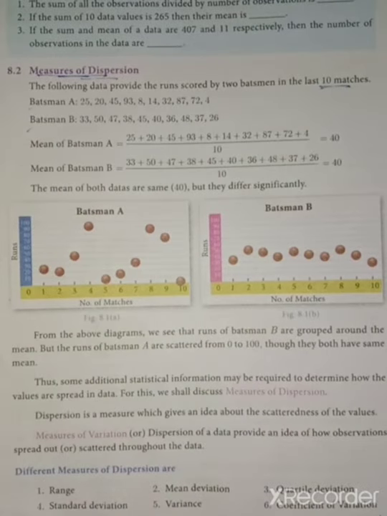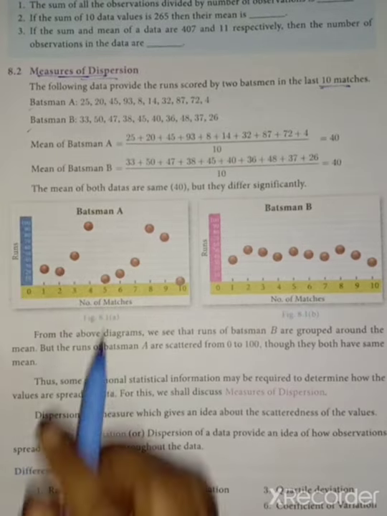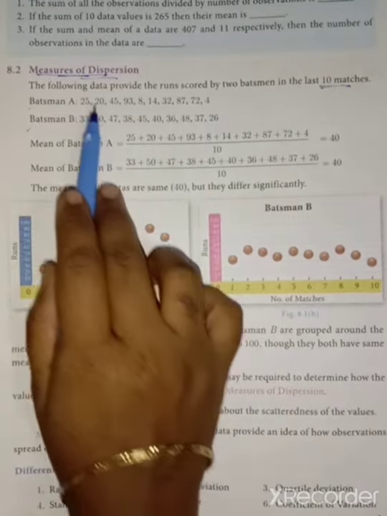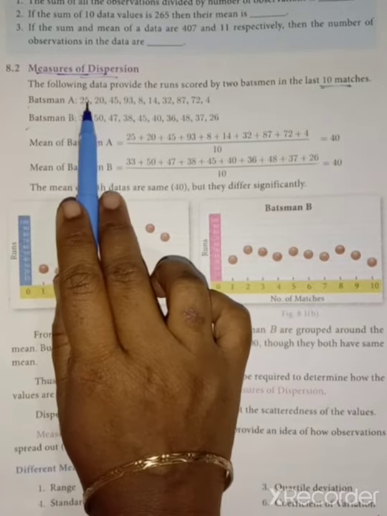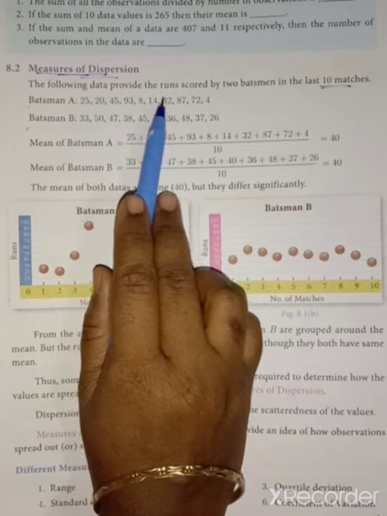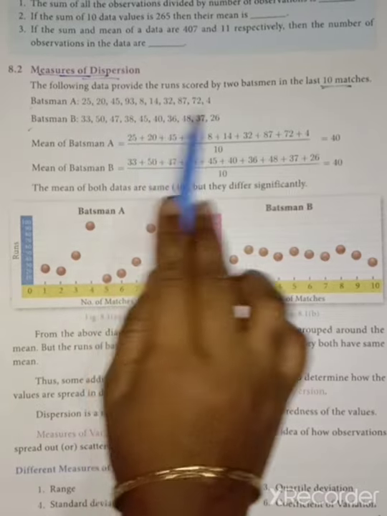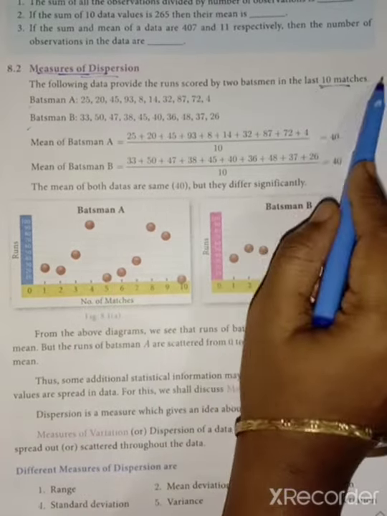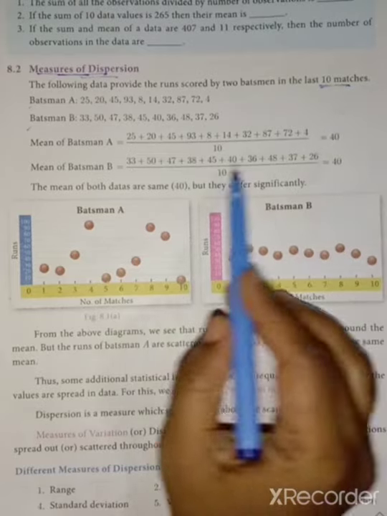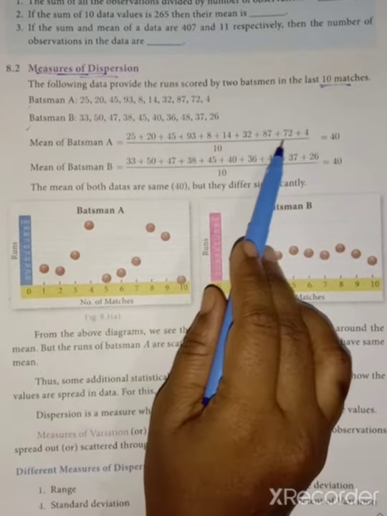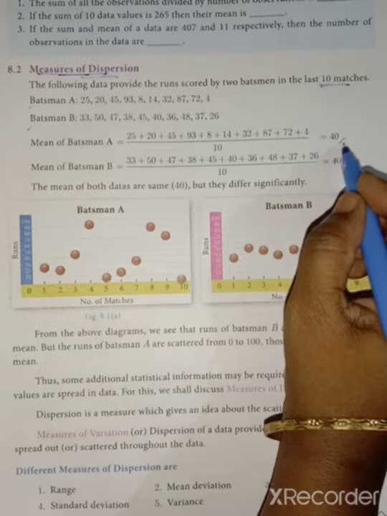Here we want to calculate the mean of batsman A and the mean of batsman B. The mean is the sum of all observations divided by the number of observations, that is 1, 2, 3, 4, 5, 6, 7, 8, 9, 10, or otherwise they told us 10 matches. So divided by 10. If you add and cancel, we get 40.